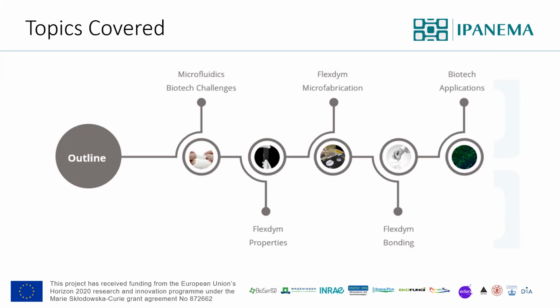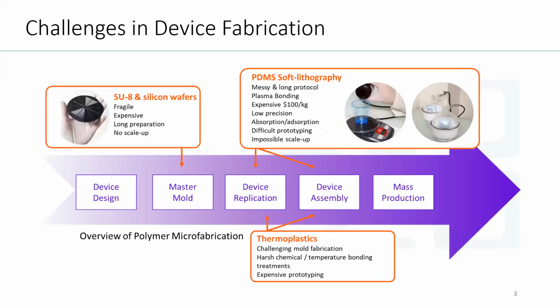So if we have an overview of the polymer microfabrication process, you will see that there are 5 key steps. So you start with your device design, master mold fabrication, then device replication and assembly, and finally, if desired, mass production of your devices.